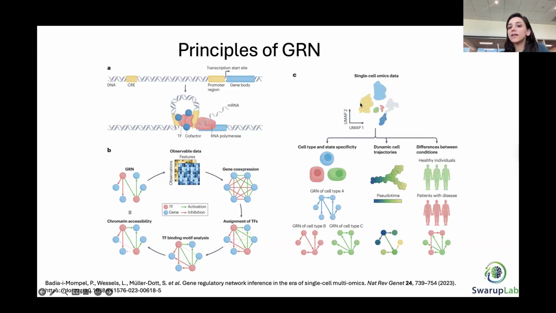With single cell RNA-seq and other modalities, we are now able to infer many of these GRNs that are not only cell type specific, but in developmental studies, we can also understand if a cell type is changing its regulatory program, maybe going from a normal state to a disease state.